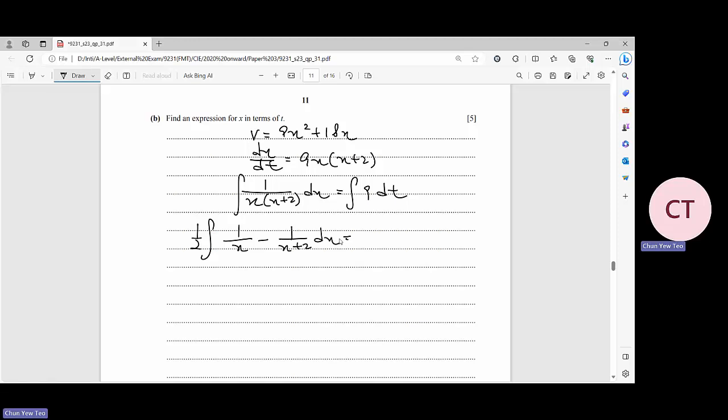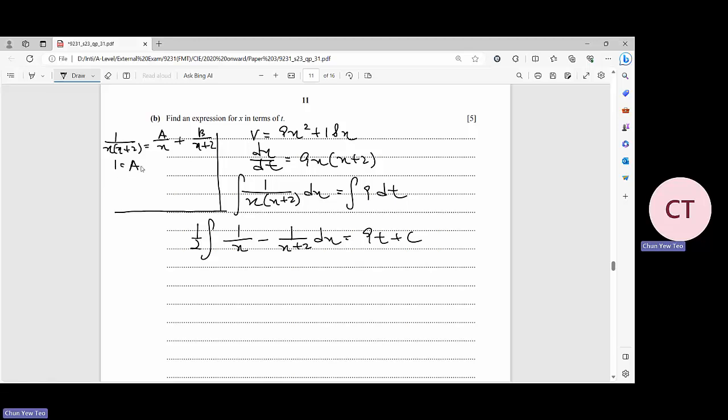This is the half, this is the 90 plus C. Okay, so just in case you have forgotten how to do the partial fractions, we do a quick revision over here. 1 over x(x plus 2), you make it become A over x plus B over x plus 2.